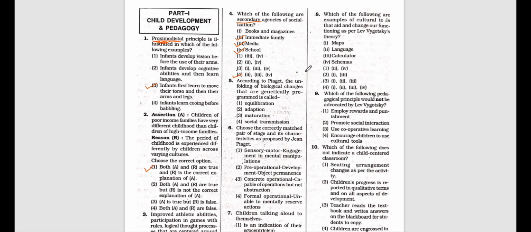Question number 5: according to Piaget, the unfolding of biological changes that are genetically programmed is called equilibration, adaptation, maturation, or social transmission. I give you some time to write down your answer. Here the correct answer is maturation.